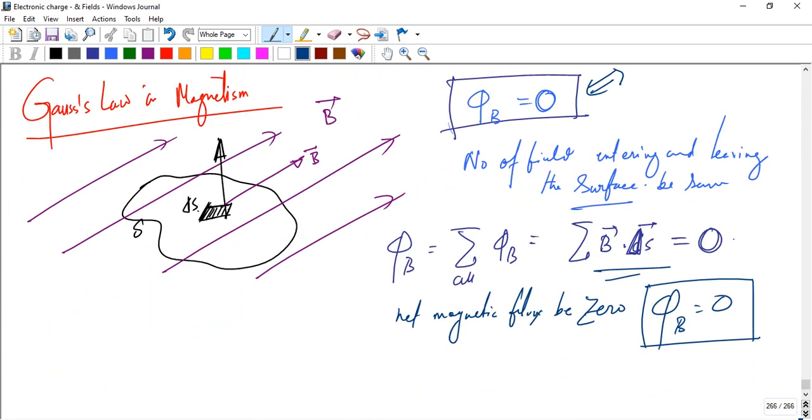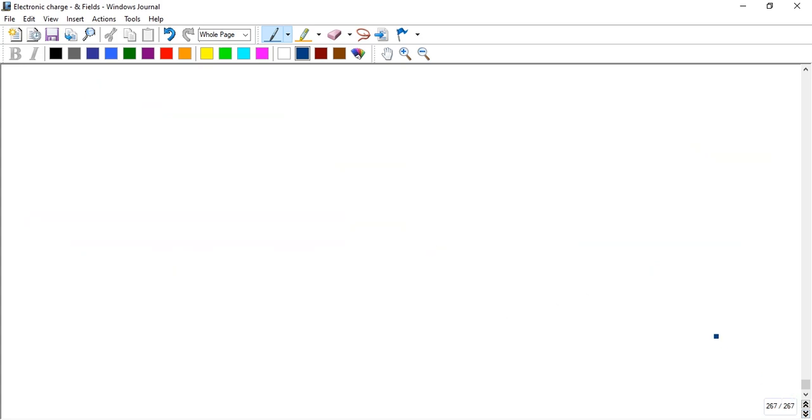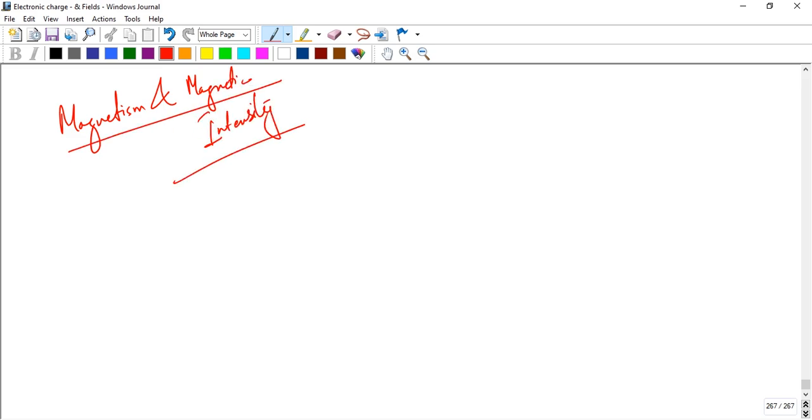Here we discuss magnetism and magnetic intensity. In an atom, an electron is circulating, so it has a magnetic moment.